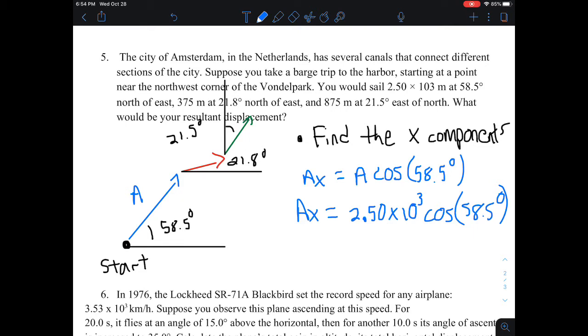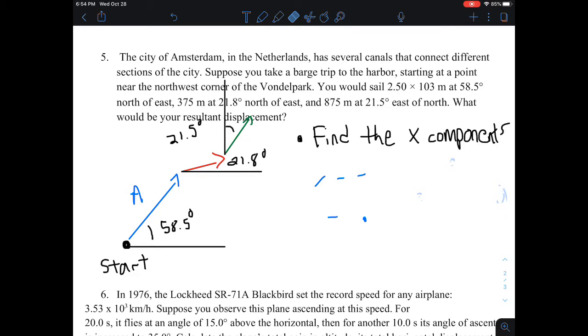Let's move on then to the second vector, the vector in red. If you want to find the x component of the red vector, it's the same process. We'll call this b.